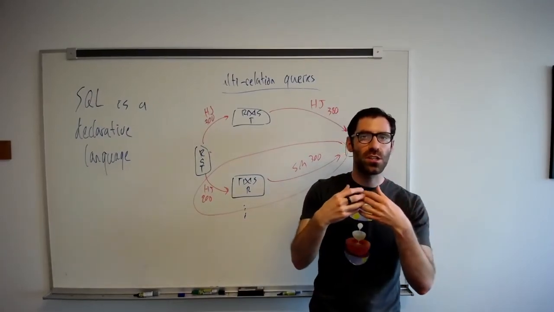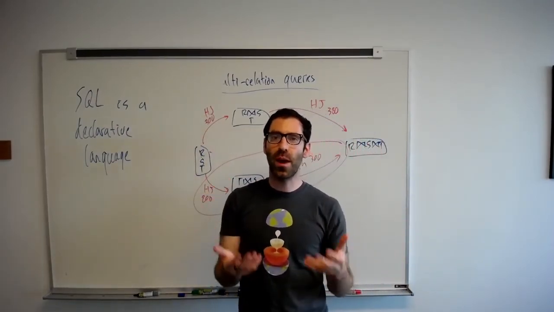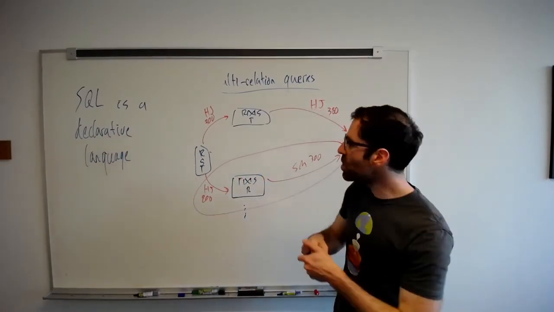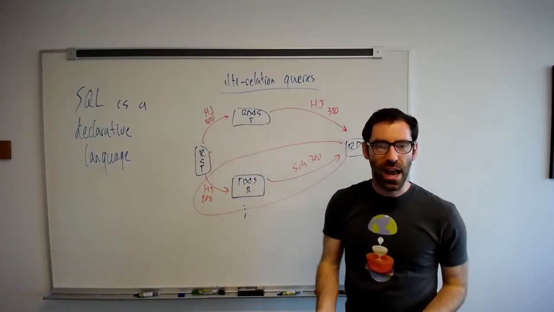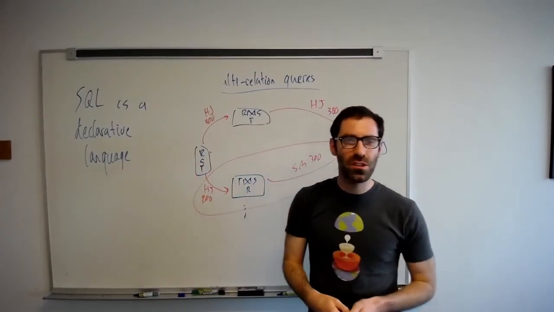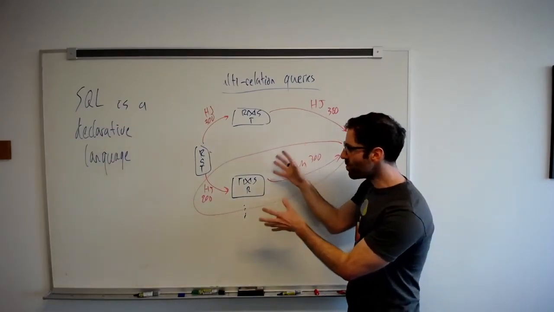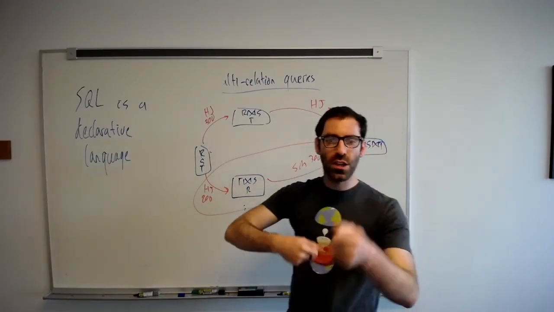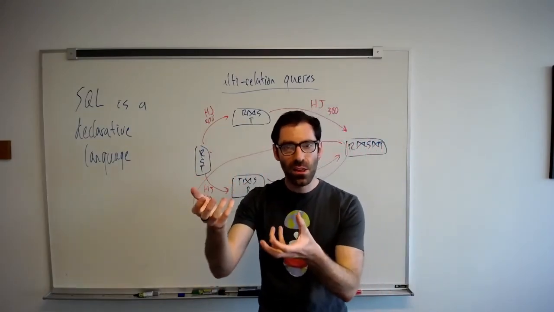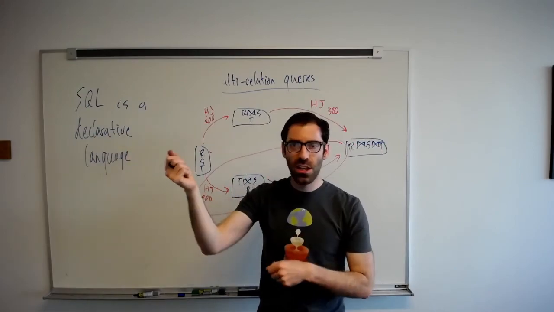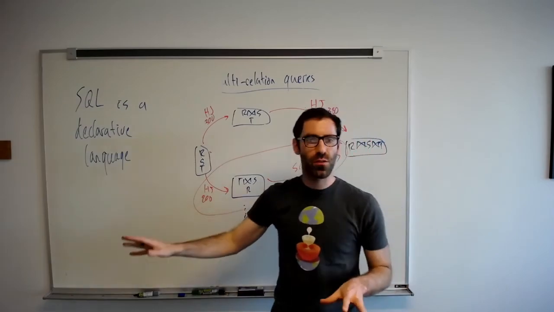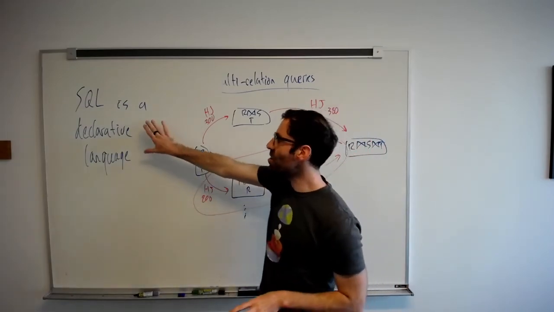And the query says nothing about how the system actually needs to execute it. And so I've mentioned this before. It may have seemed like an abstract concept. What does it mean that the system gets to choose? And now that we've dug into all the different ways that the query planner and optimizer may take the SQL input and drastically move operators around, try a bunch of different possible plans. This is the power of a declarative language.